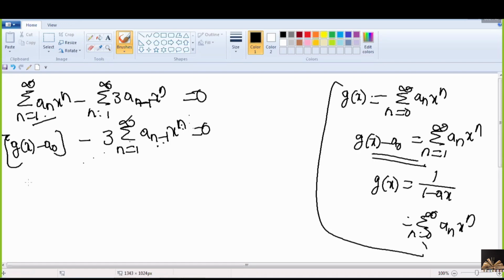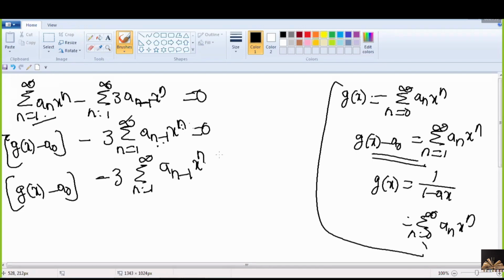To do this, I can rewrite it as g(x) minus a_0 minus 3 into summation of n equal to 1 to infinity a_(n-1) x^n. I will divide and multiply with x. When you divide and multiply with the same number, there will be no change in the equation, right?